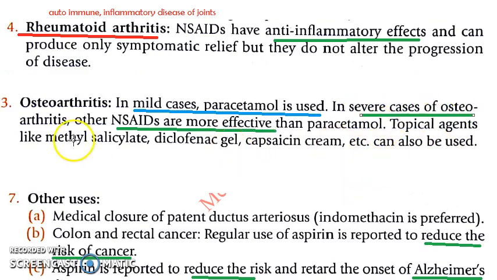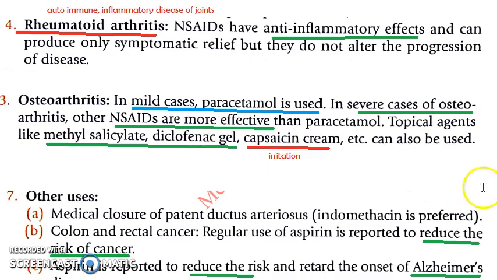Topical agents like methyl salicylate, diclofenac gel, capsaicin cream can also be used. Actually, these are again NSAIDs only, salicylate, diclofenac, etc. This capsaicin cream is actually an irritant. It will cause irritation on the skin. This will actually help in a frictional kind of healing, right?